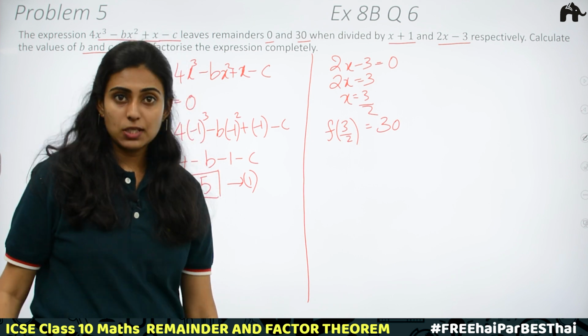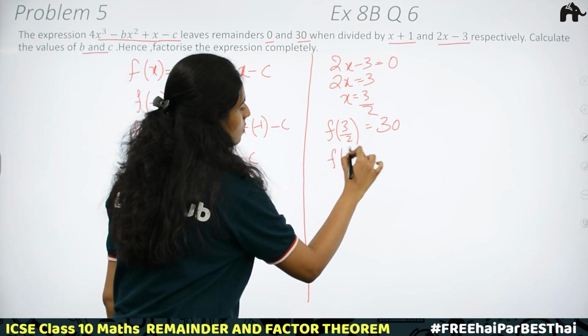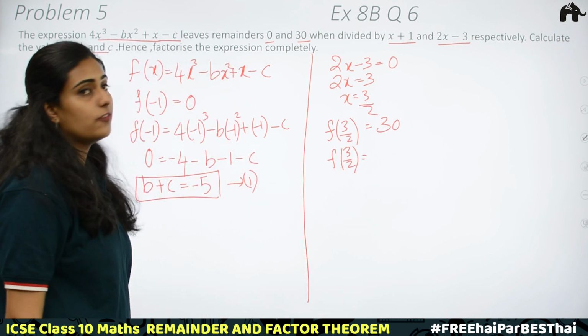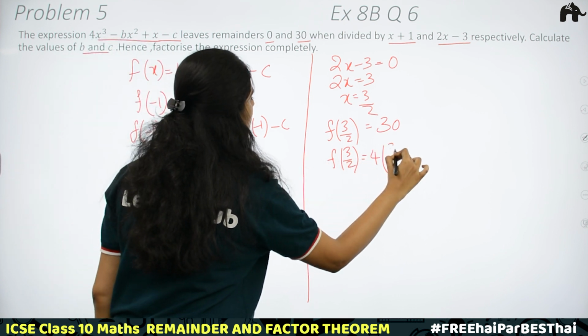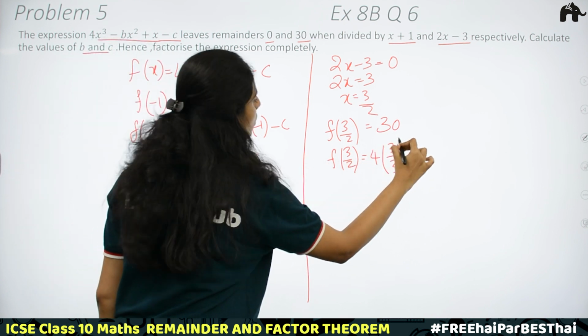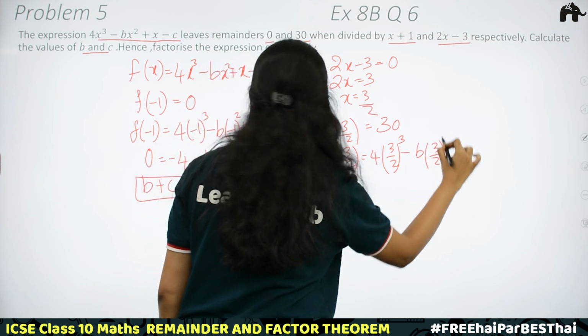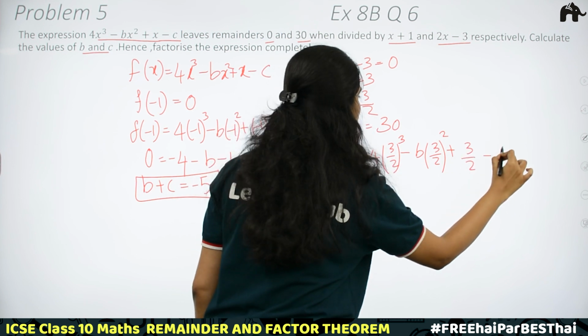Let's find f of 3 by 2. f of 3 by 2 is equal to, substituting in place of x, 3 by 2: 4 into 3 by 2 whole cube minus b into 3 by 2 square plus 3 by 2 minus c.